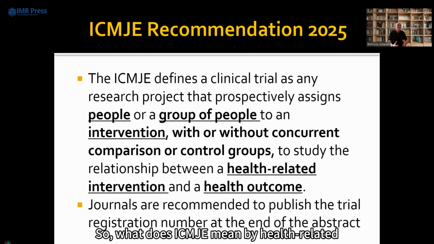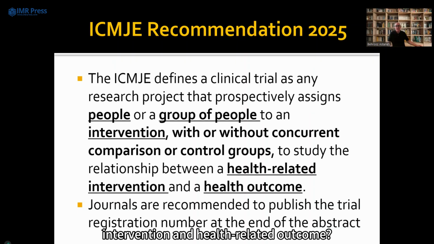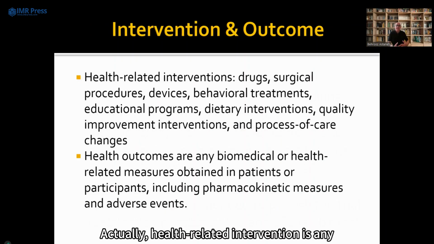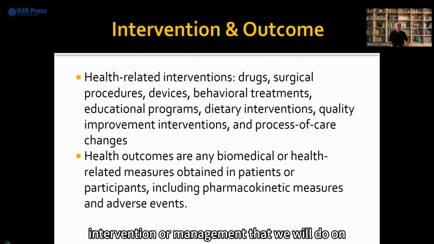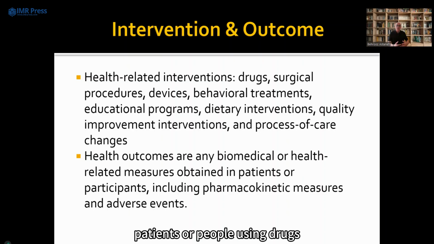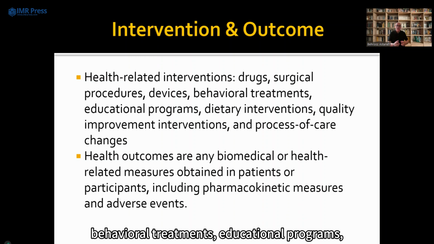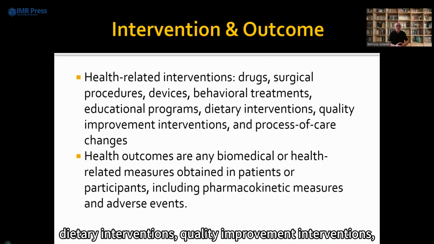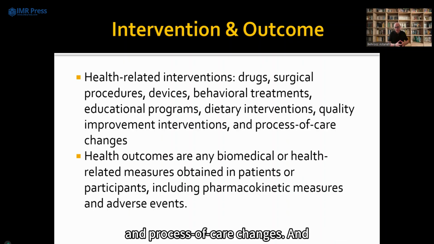So what does ICMJE mean by health-related intervention and health-related outcome? Actually, a health-related intervention is any intervention or management that we will do on patients or people using drugs, surgical procedures, devices, behavioral treatment, educational programs, dietary interventions, quality improvement interventions, and process of care changes.